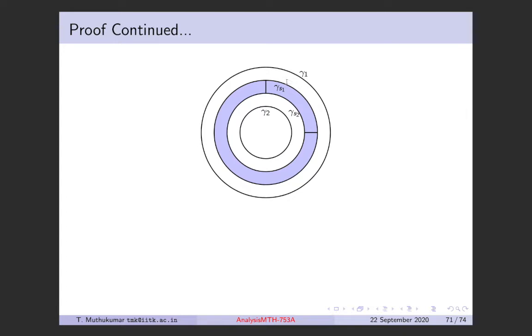So what we have shown is that integral of f over gamma s1 is equal to integral of f over gamma s2. This you have shown. So you have actually shown that integral of f over gamma s1 is same as integral of f over gamma s2 whenever the s values are within delta distance, right?